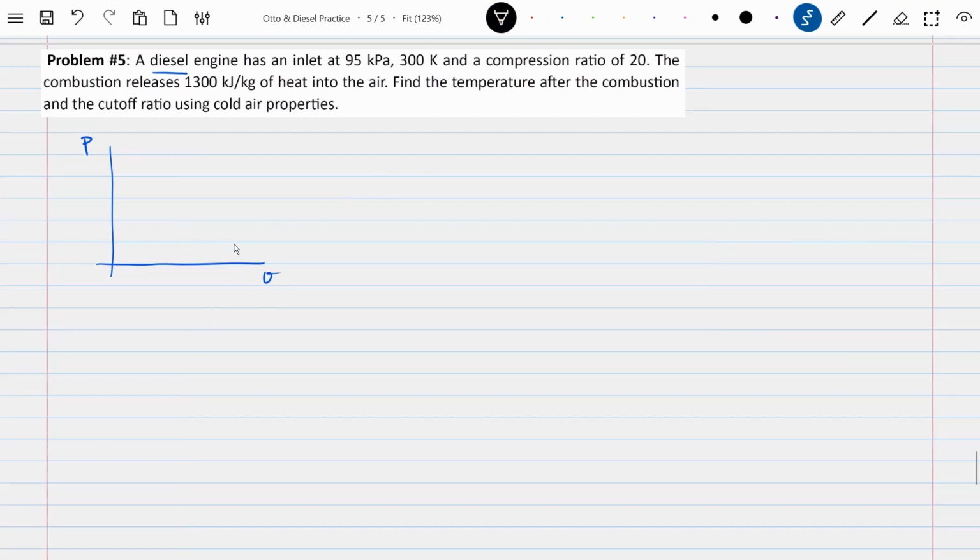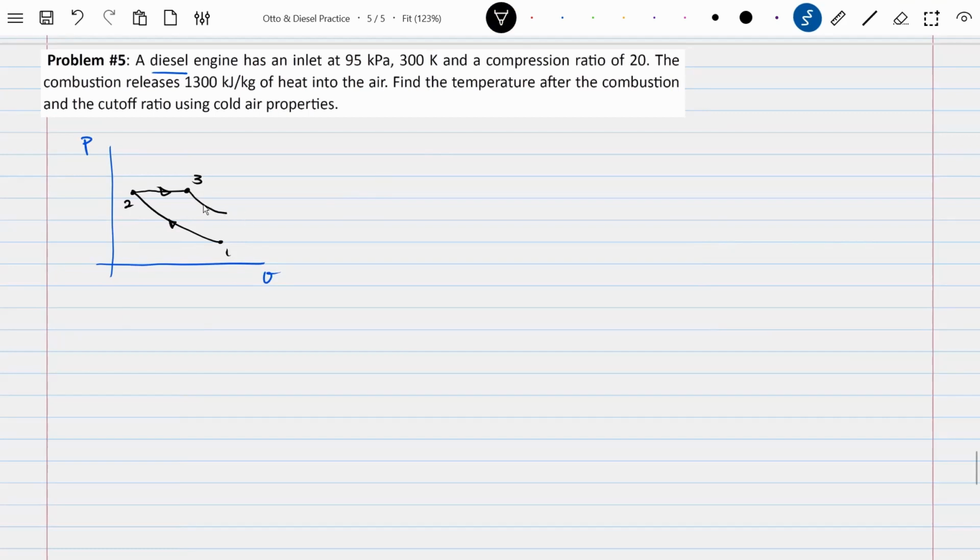For the diesel cycle, there is a slight difference where the heat addition is happening. So this is the isentropic compression from 1 to 2, but the heat addition phase, unlike Otto, happens in a constant pressure process.